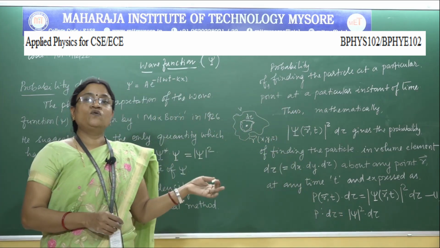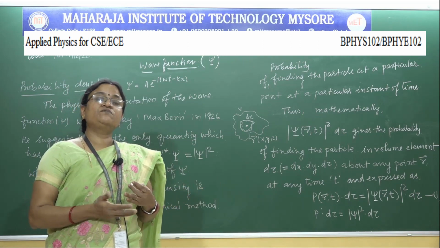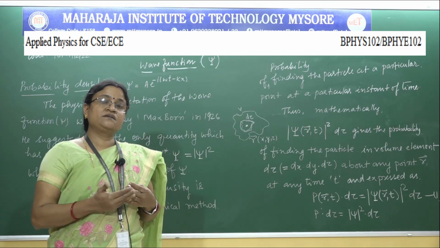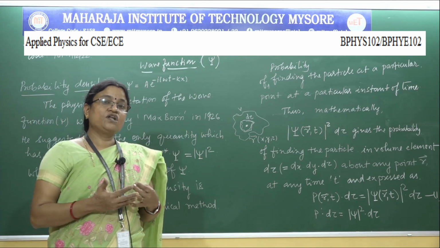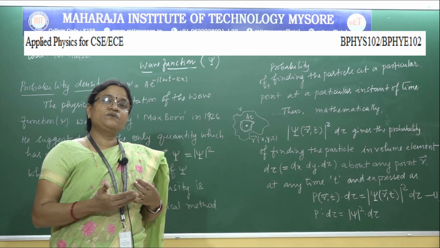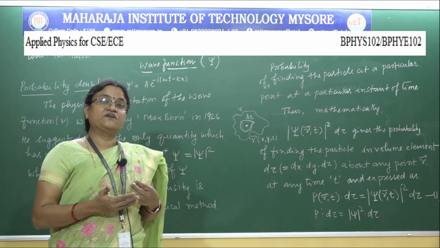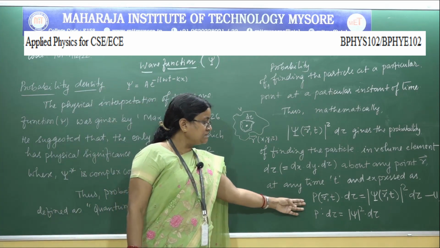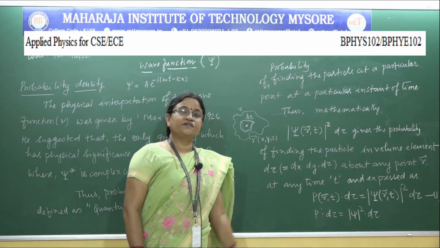So, let us see how we can find the probability. If the particle exists in a certain space or volume, what will be the probability value? That we find out when we normalize the wave function.